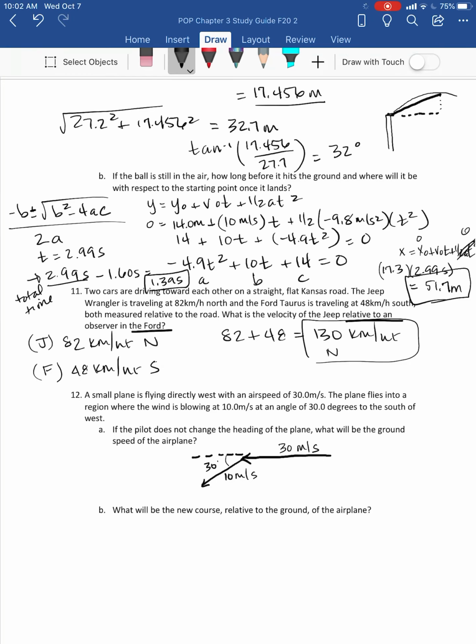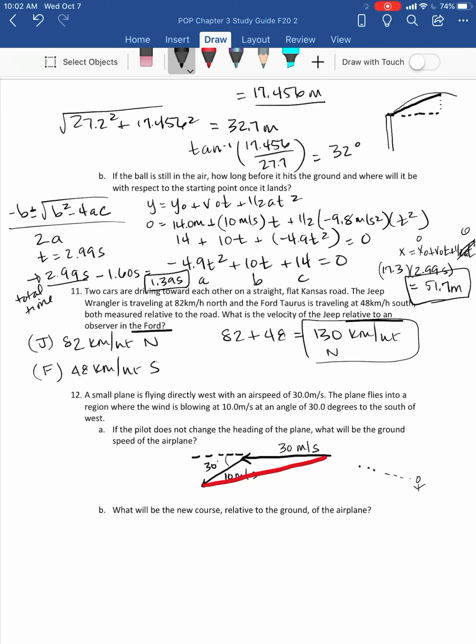And it wants to know if the pilot does not change the heading of the plane, what will be the ground speed of the airplane. So that's like if somebody was over here on the ground looking at this, what would it look like their overall resultant speed is. So you're actually trying to find the resultant.